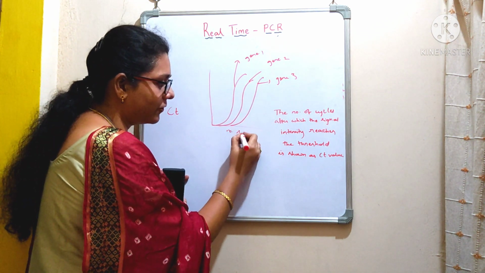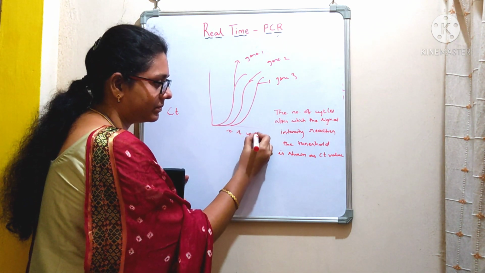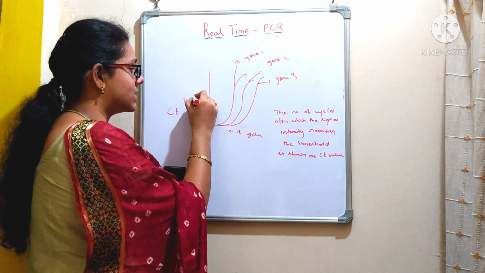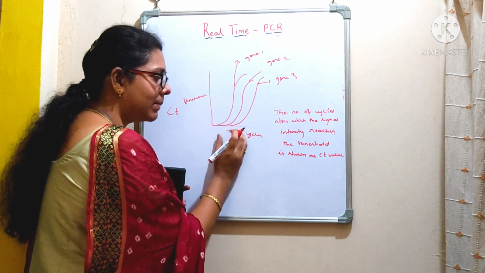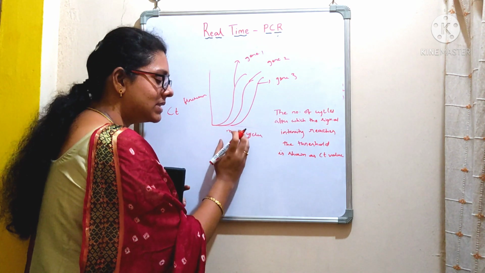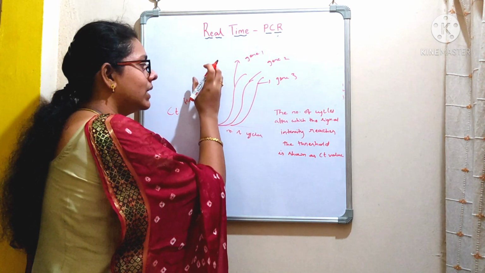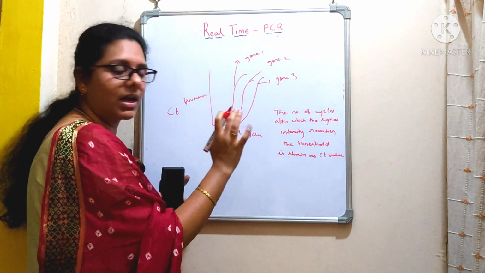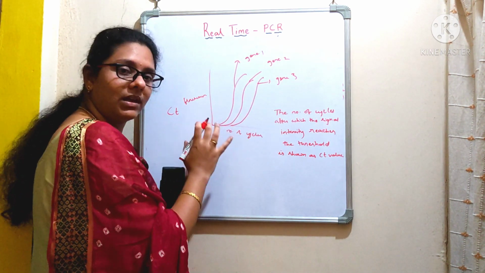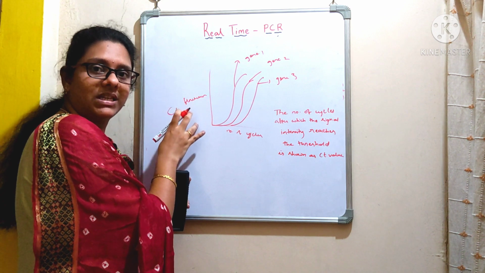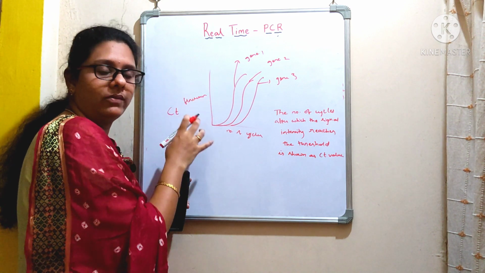These are the number of cycles, and this is the fluorescence here. As the number of cycles proceed, as the gene is getting amplified with each cycle, there will be increase in the fluorescence, right? And here I am saying that we need to check for the CT value, that is the cycle threshold value.